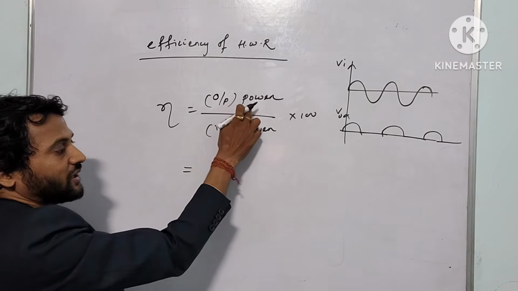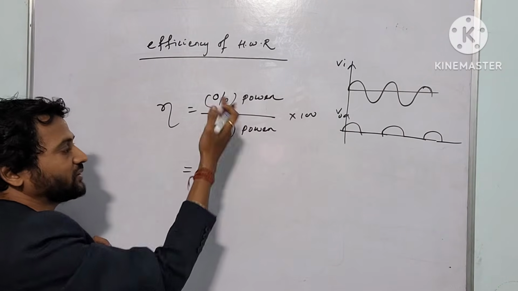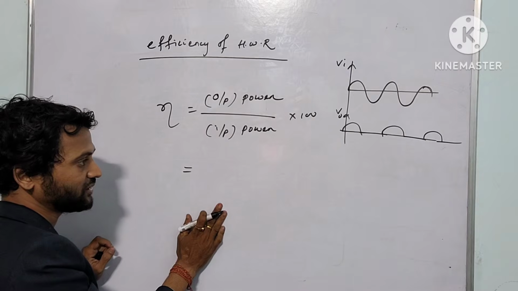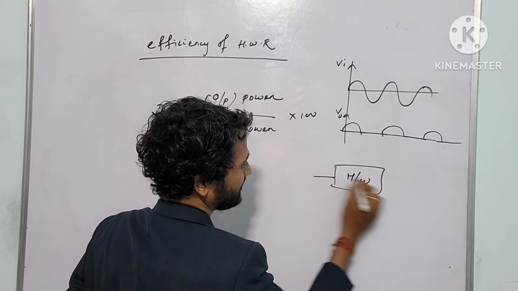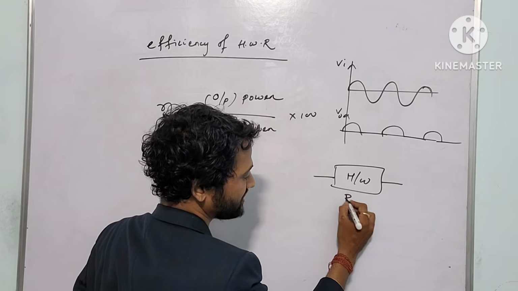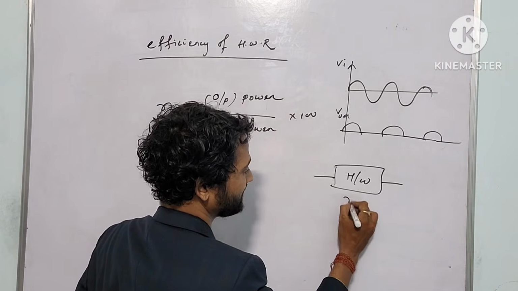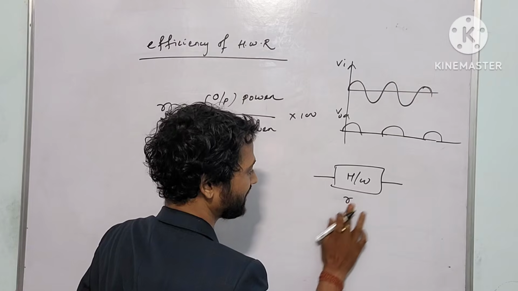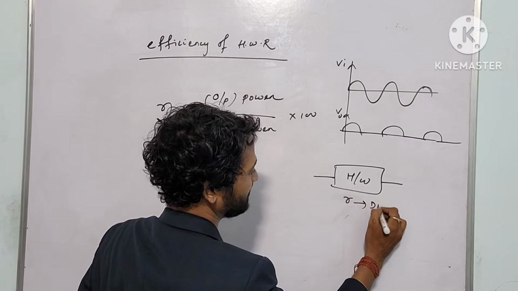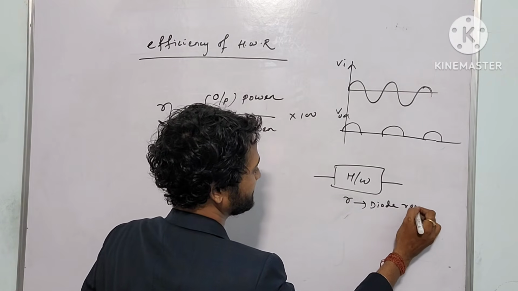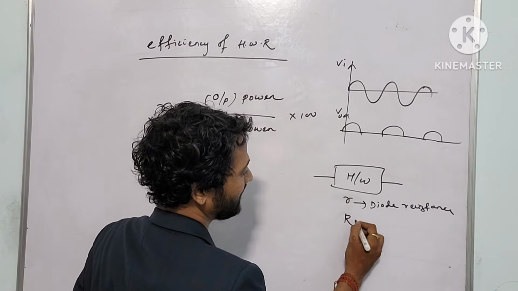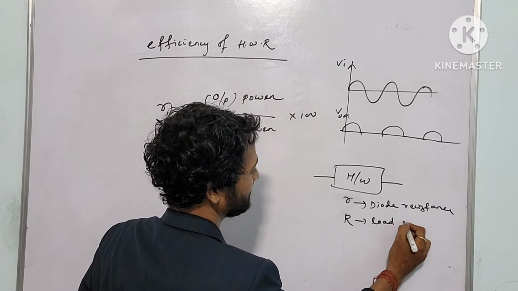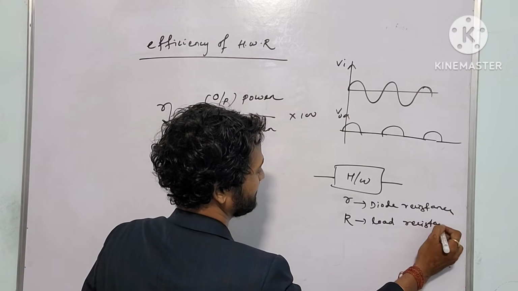So what is output power? Power is I square into R. In the half wave rectifier, let the internal diode resistance be RF or small r. Small r is the diode resistance, and the capital R is the load resistance.